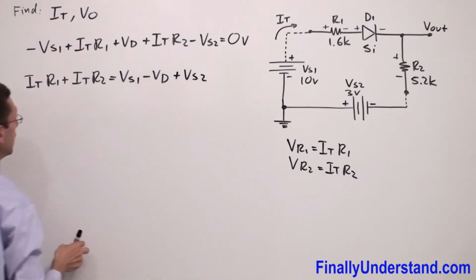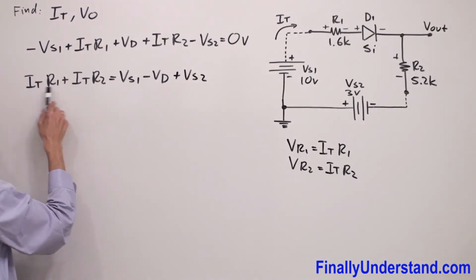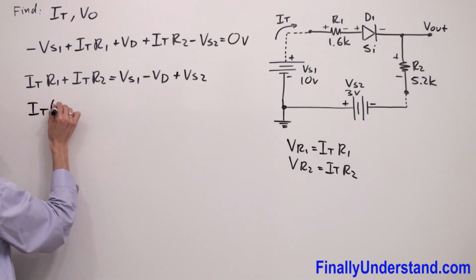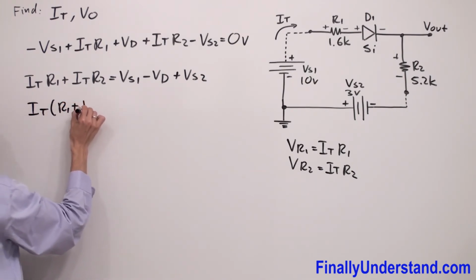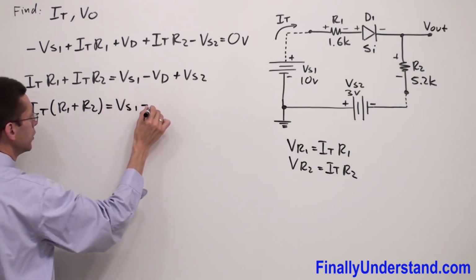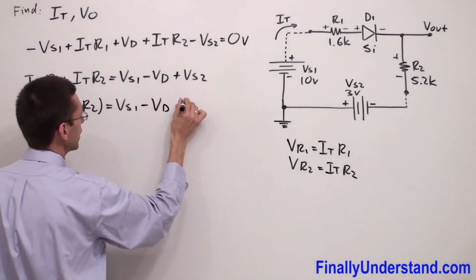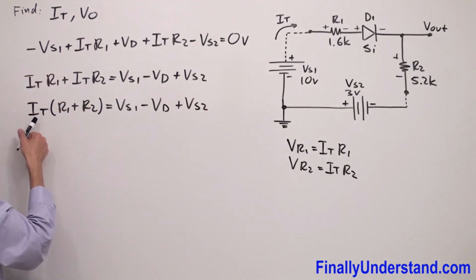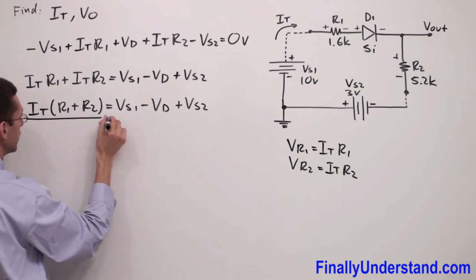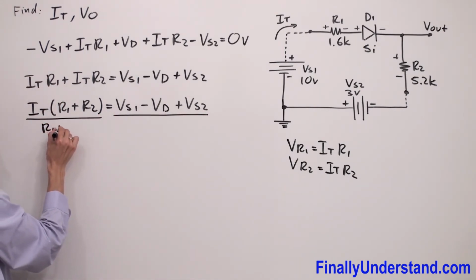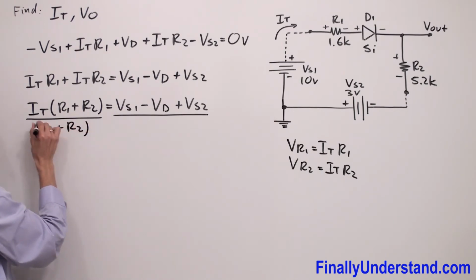Okay. Next, I'm supposed to factorize I total. So I have I total, and I have R1 plus R2. This is equal to voltage source 1 minus Vd plus voltage source 2. In order to find I total, I'm supposed to divide both sides of my equation by the parentheses, R1 plus R2.